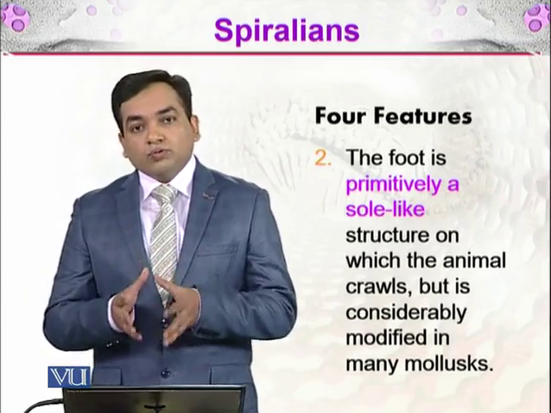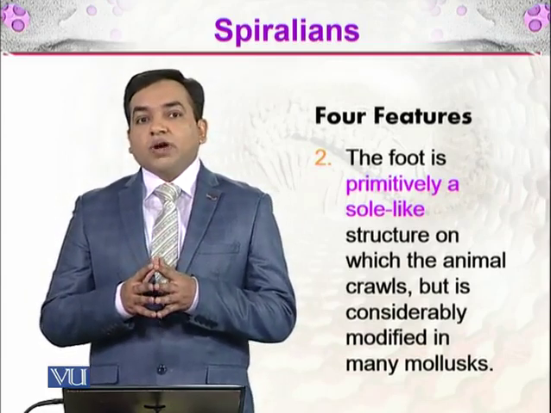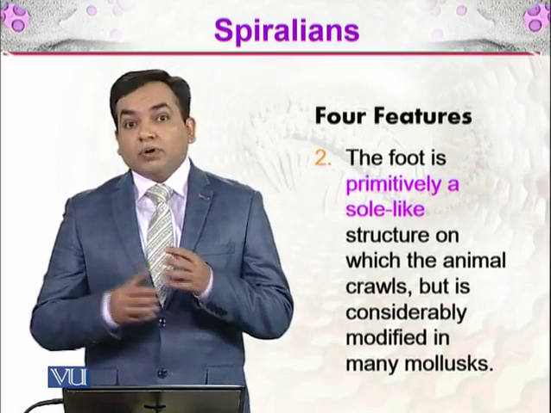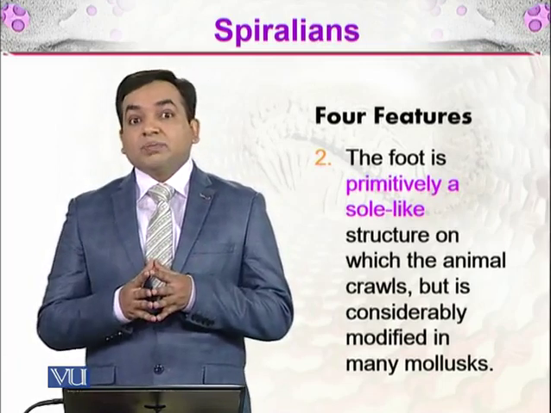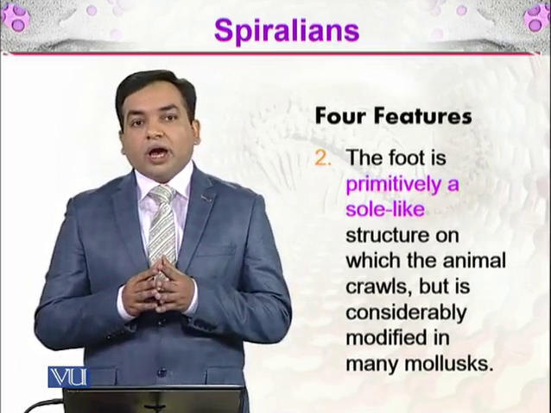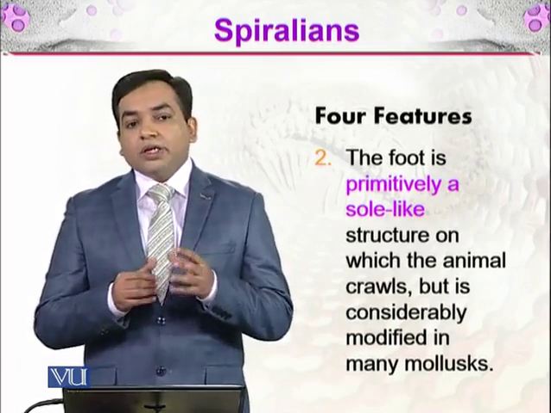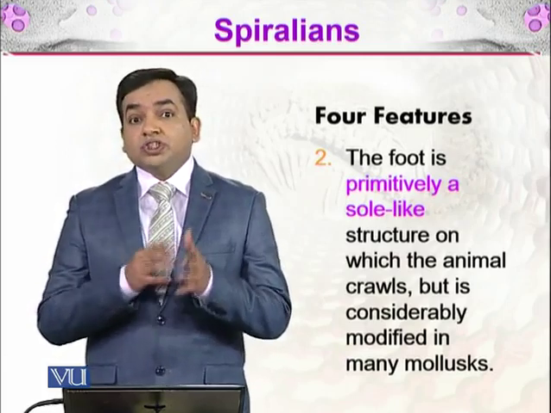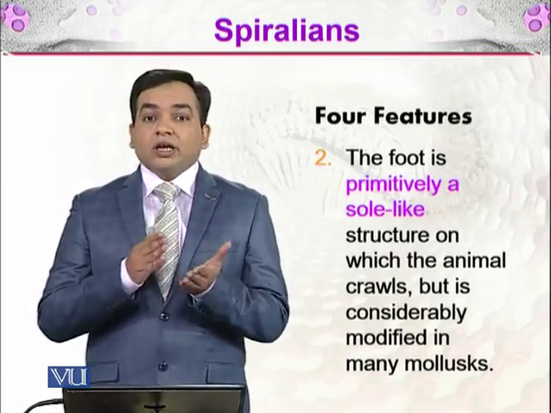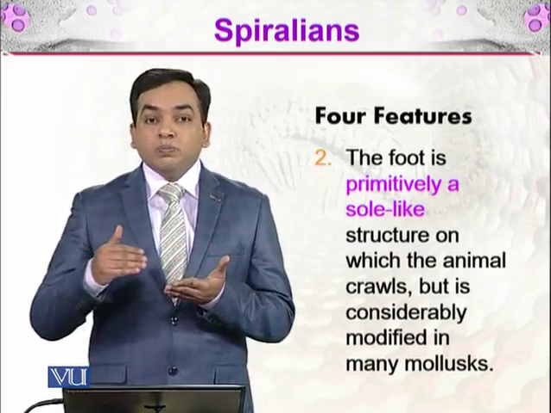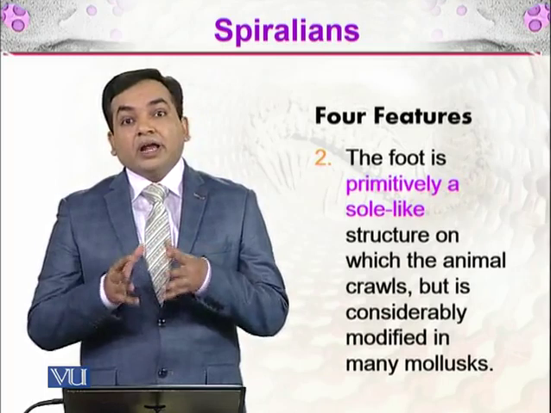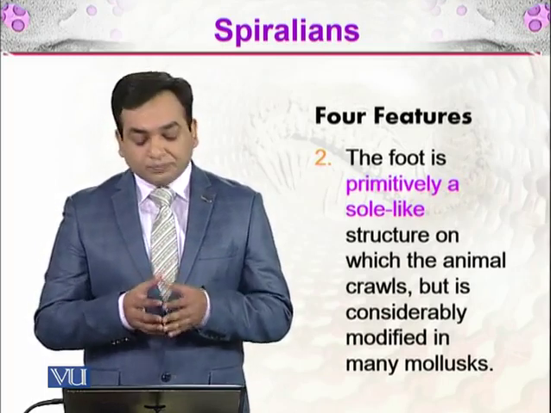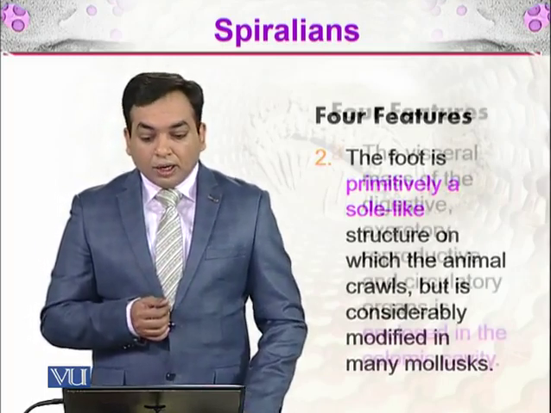This foot is very much adapted, and it provides mucus, and on that mucus the organism glides over its foot, and it is very sticky. It is so sticky that a snail can even move over a sharp knife or a blade and it won't cut its foot.